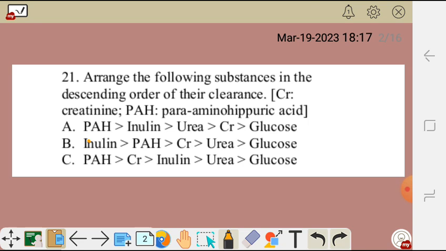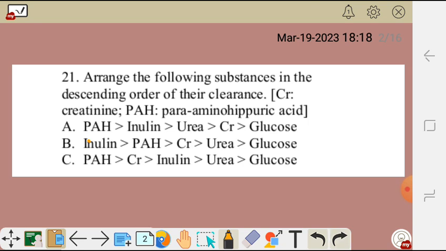But urea and glucose, urea can be filtered and it can also diffuse or be reabsorbed back into the bloodstream. So these substances which are reabsorbed, their clearance is less than that of inulin. So for this question, C is the correct answer.